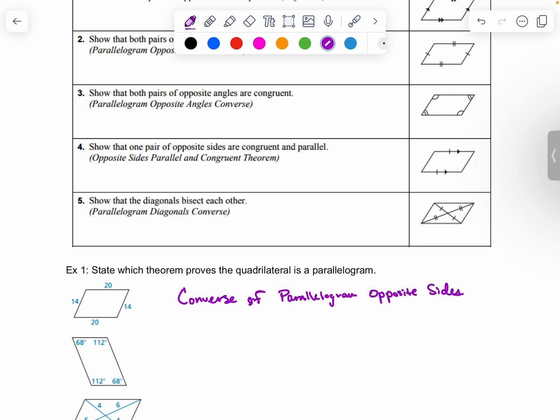The next one, I can see I've got opposite angles that are congruent. So converse of parallelogram, opposite angles.